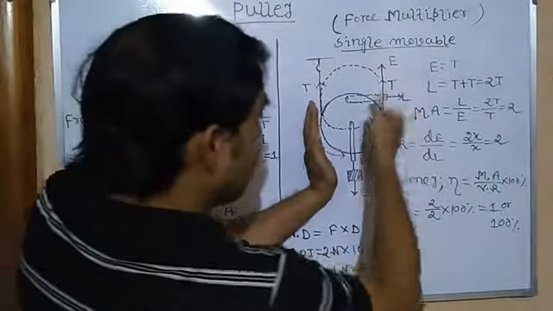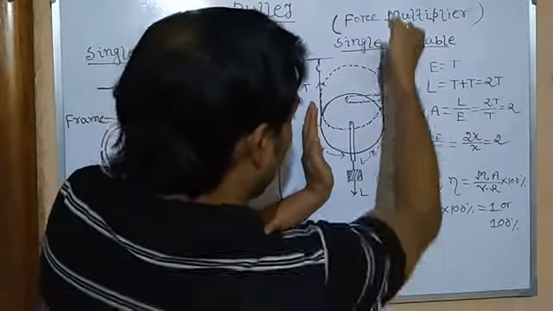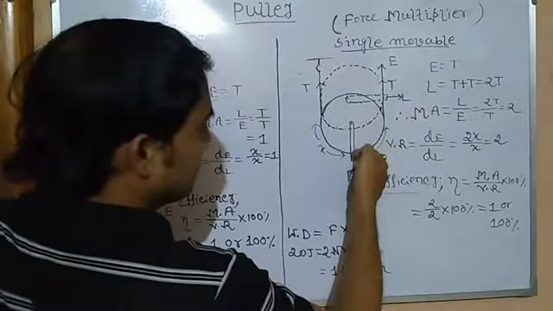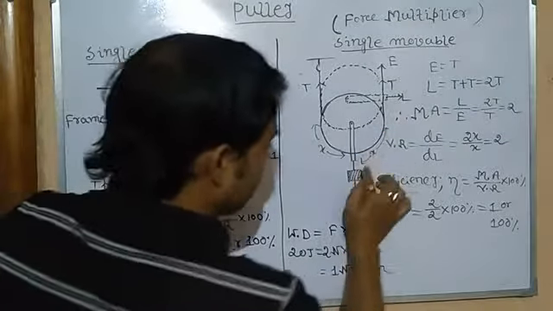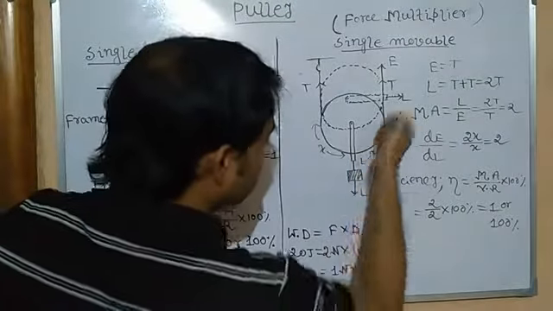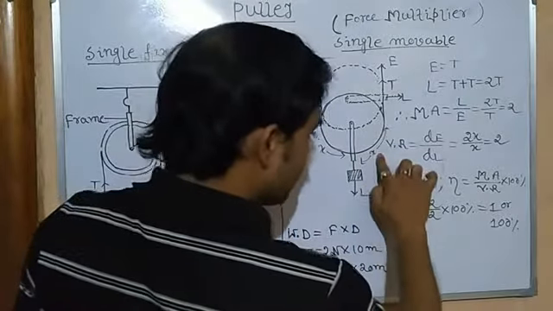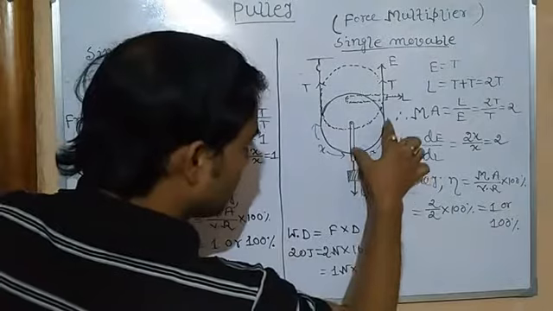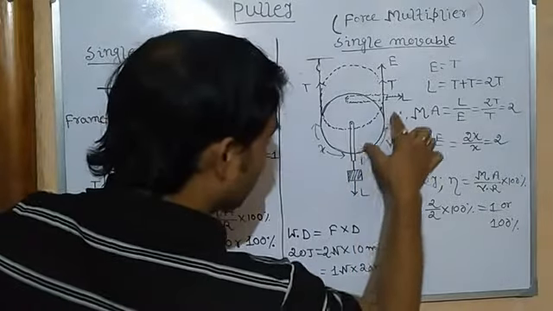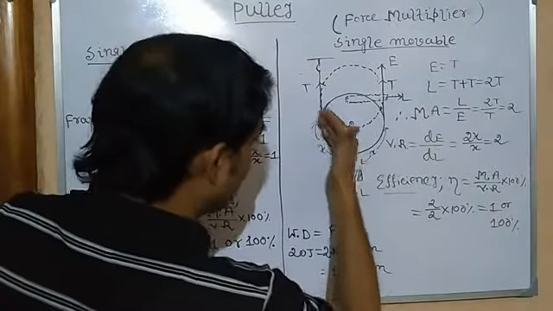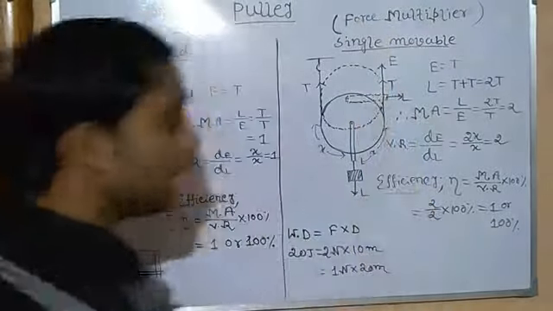So if we lift up the load, suppose we have moved the load through distance x. Now if the load moves through x distance from this side, so automatically this side also moves in the upward direction.